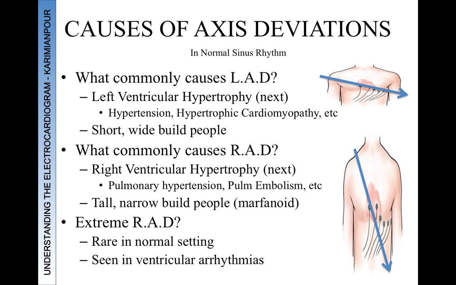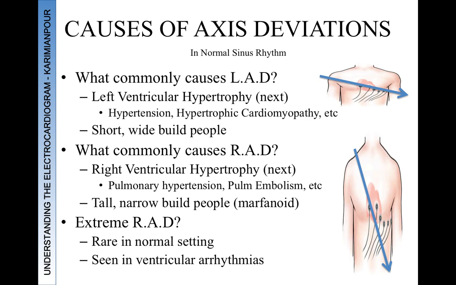And then people who are tall and have a narrow build, such as patients with a marfanoid body habitus, may have a right axis deviation on their ECG because the heart is essentially dangling more vertically than normal in the chest.